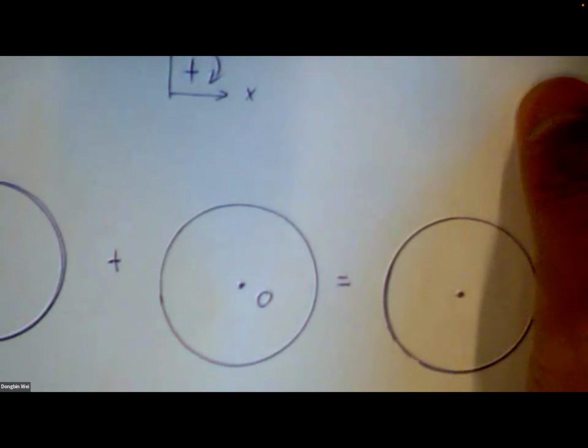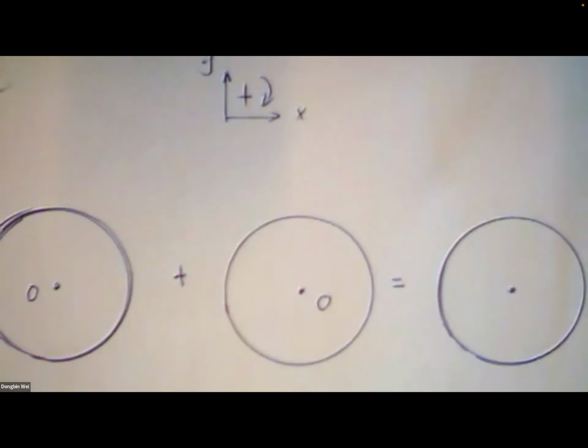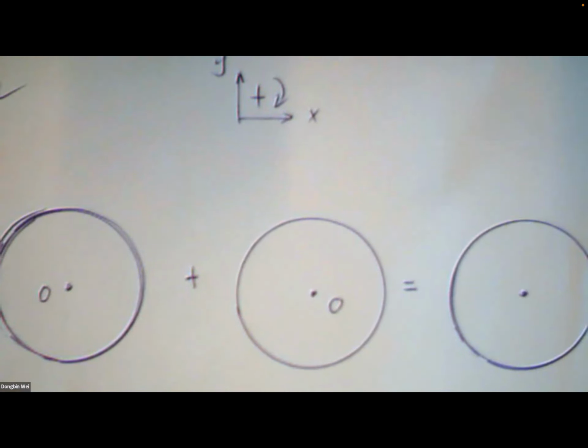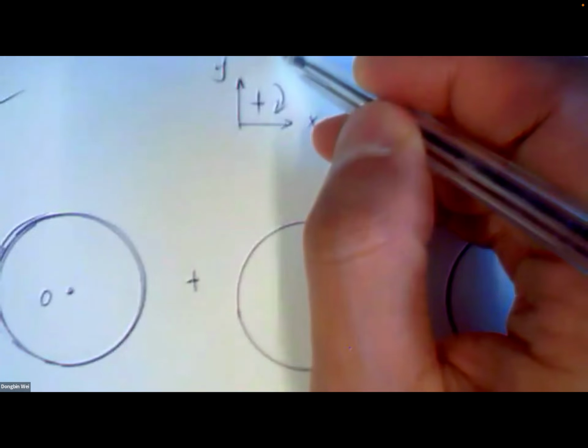Okay, so diagram. We will draw the impulse momentum diagram. Because impulse and momentum are vectors, I need to define a coordinate system.